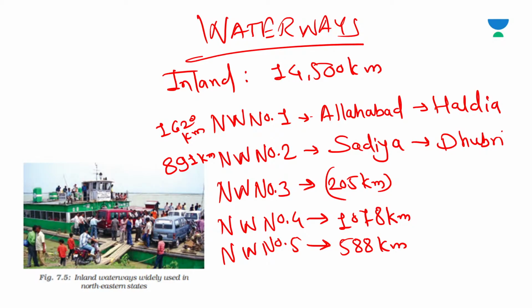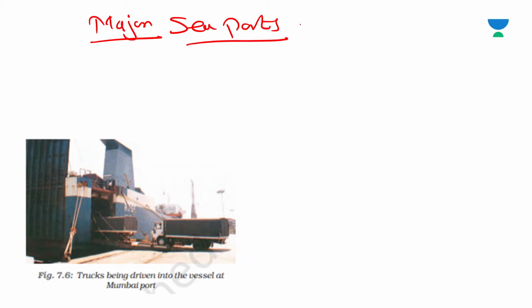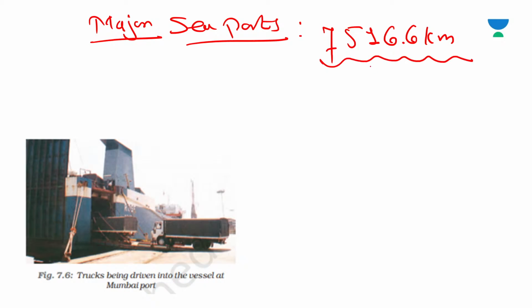Now, we will discuss major seaports. Now, friends, now we will see major seaports. So, friends, we have 7,516.6 kilometer of coastline.